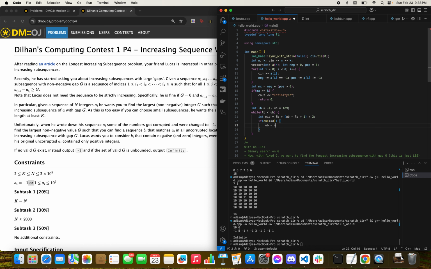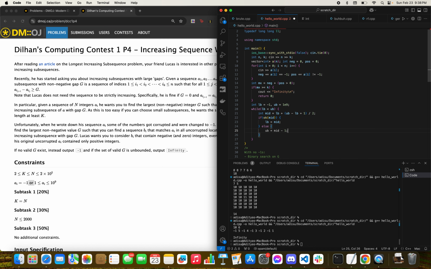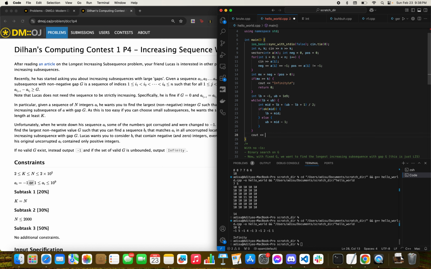If okay, then ub equals mid, else, oh, no, hold on. Else ub equals mid -1. And then finally, okay, I'll put this guy. All right, cool. Now we just have to implement our OK test.